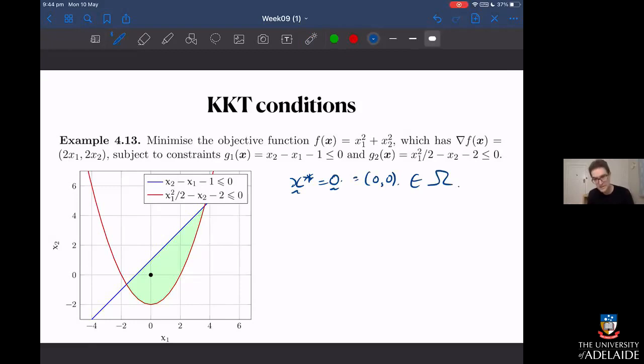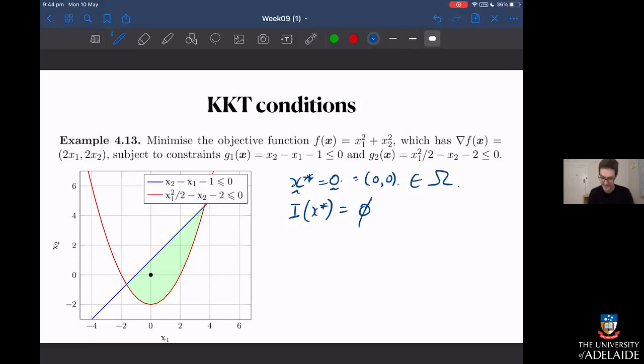So if the minimizer is in the interior of the convex set, it doesn't sit on the boundaries anywhere. And it means that the constraints are inactive. So the index set here, the active set, as I should call it, is empty. Neither of the constraints are active.